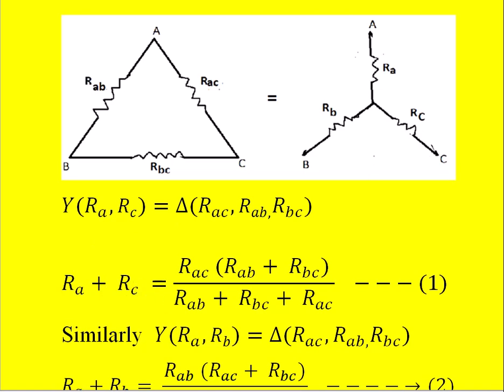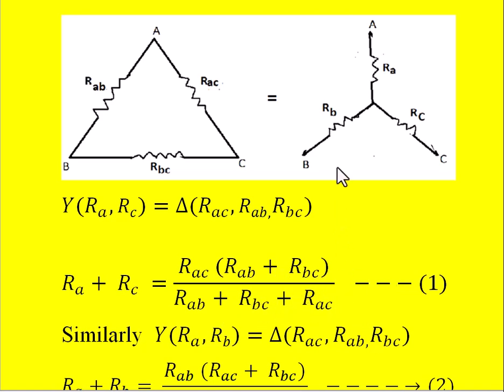Then what is the equivalent resistance in the delta form here between A and C? RAC is in parallel with RBC and RAB. So we write RAC into RAB plus RBC, because RAB and RBC are in series with respect to terminals A and C. And because they are in parallel, we write RAC into RAB plus RBC divided by RAB plus RBC plus RAC.